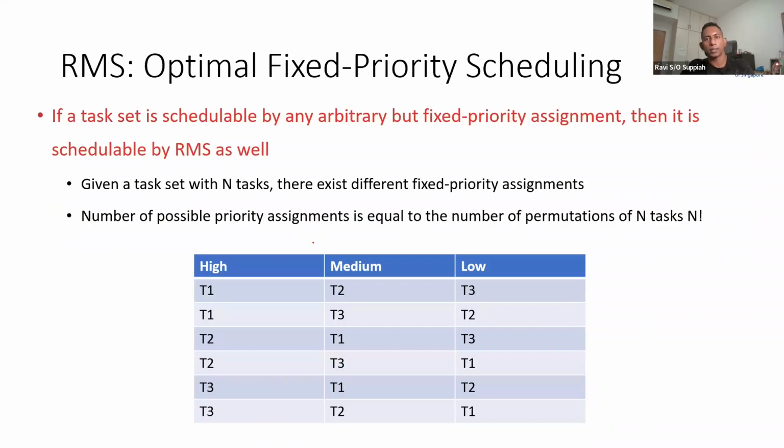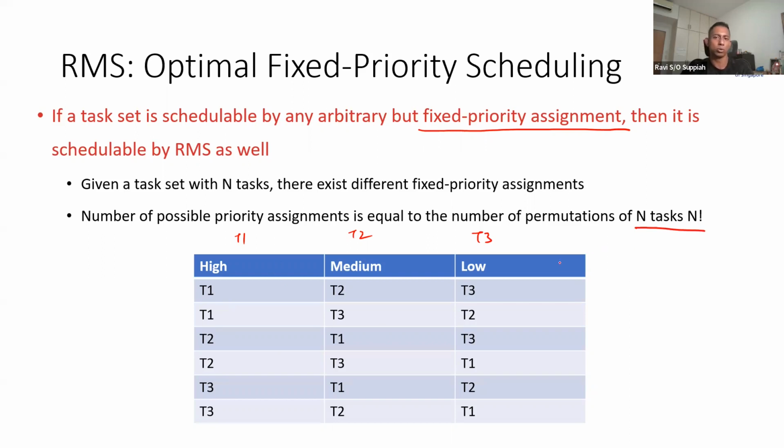One of the things about RMS is, if you do not try RMS and you just arbitrarily use some fixed priority assignment for the tasks that you have, take for example, I have 3 tasks: task 1, task 2, and task 3. I just randomly go through all the different possible scenarios. For n tasks, I have n factorial different permutations.